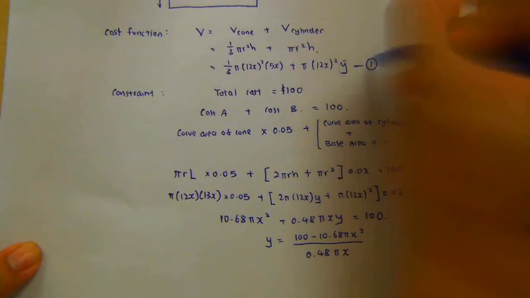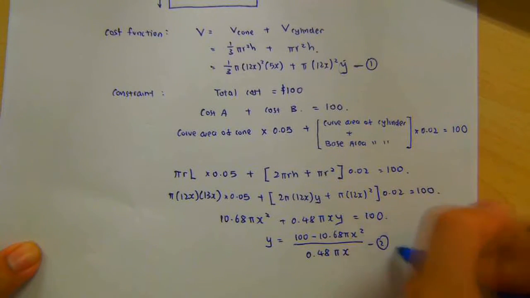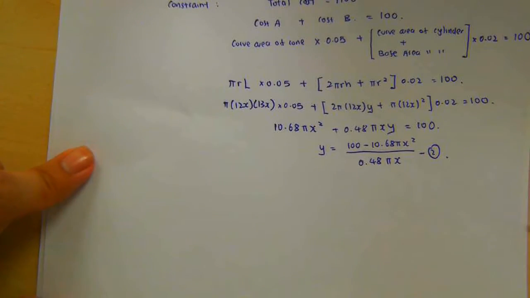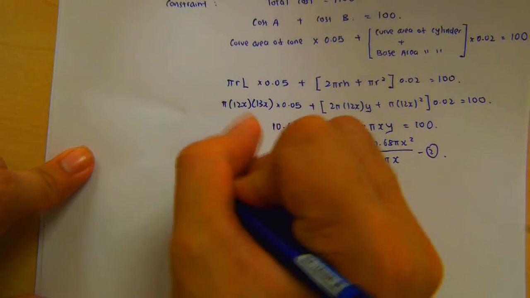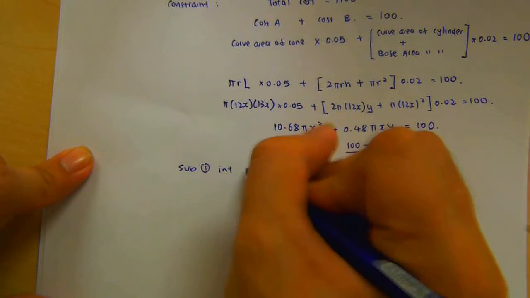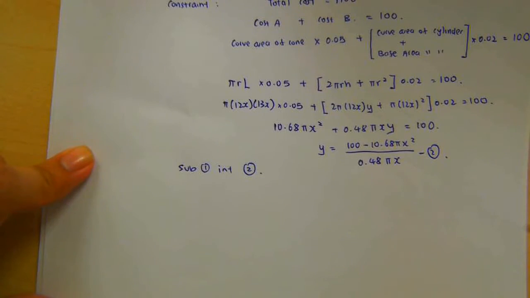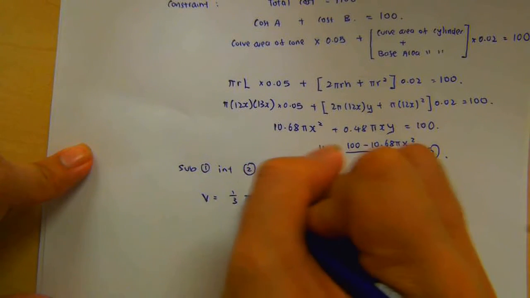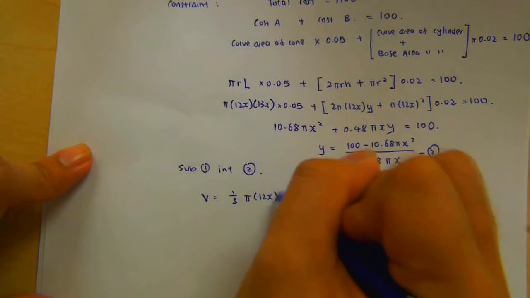So now we have equation 1, which is our cost function, and 2, which is from our constraint equation. The next step is to substitute the equations together. So basically, we're going to remove the y.